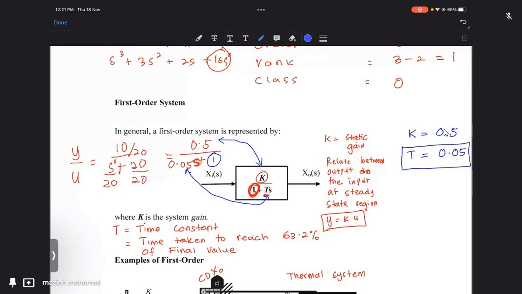For the first order, t is very important because t is used to explain how fast the output responds to the input.